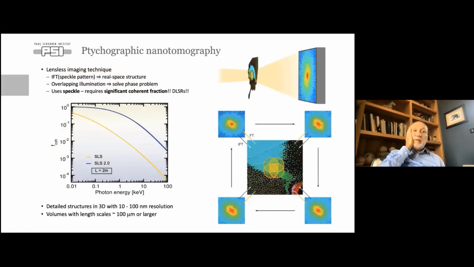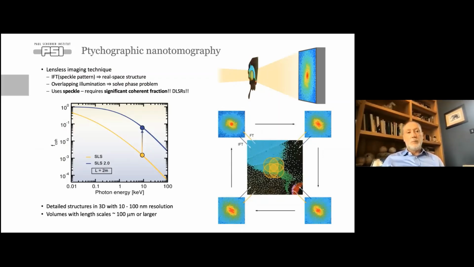Yes, ptychographic nanotomography. This is a lensless imaging technique which relies on the speckle pattern produced by the coherent part of the beam. So obviously this is improved by a factor of around 35. In other words, the same as the improvement in the emittance.